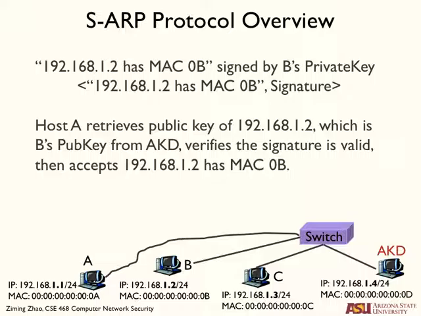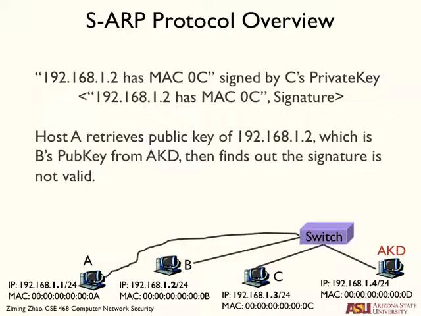Then when host A receives this message, it will first retrieve the certificate from AKD, because AKD is a trusted entity in this case. From that certificate, A can also get the public key of 1.2, which in this case is B's actual public key. Then A can do a decryption to verify if this signature is valid. And in this case, it is. So host A will accept that the IP address 1.2 actually has this MAC address 0B.